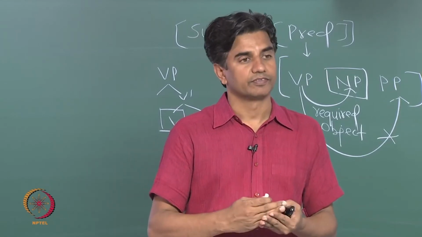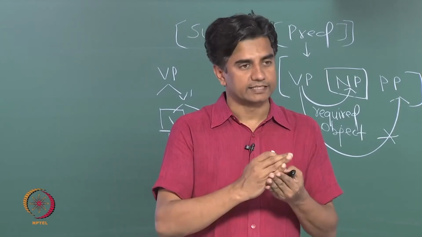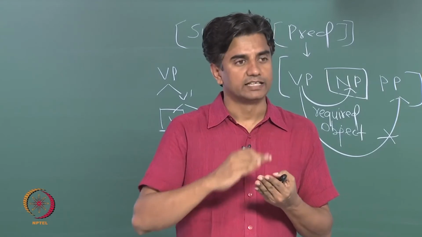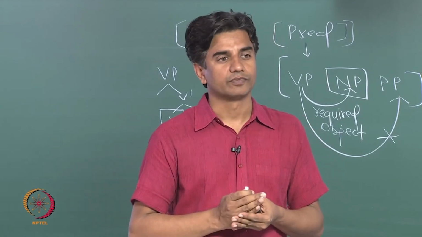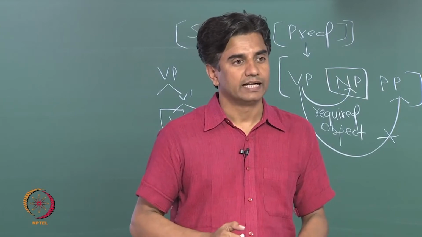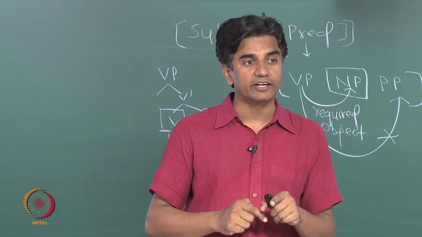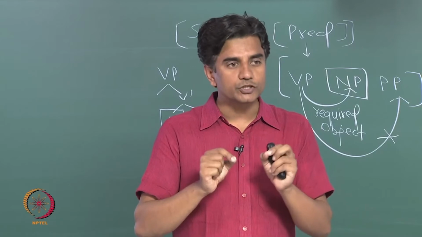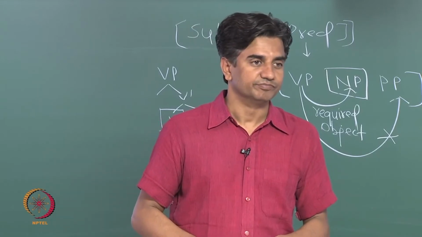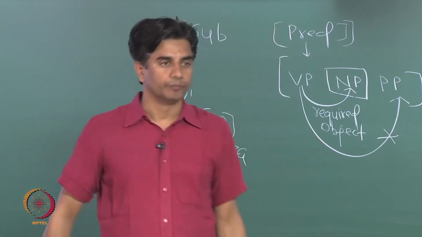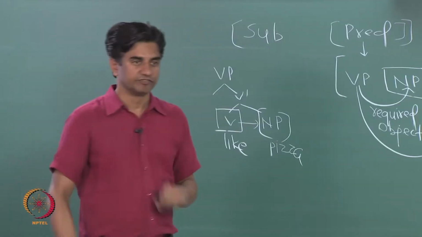The same thing can be said: the head, this head V, sub-categorizes for an NP. And sometimes this sub-categorization is a little bit too rigid. Okay? And I'm going to give you more examples of that rigidity.